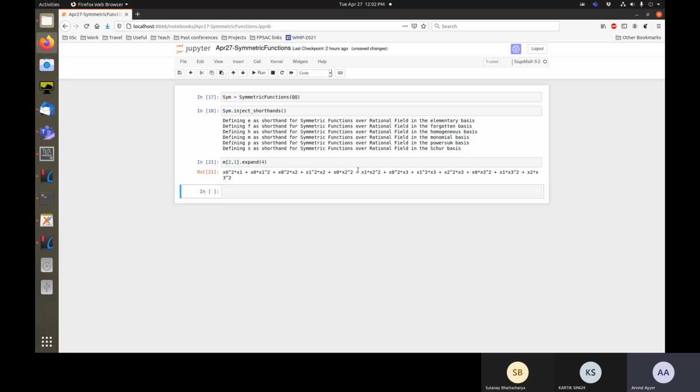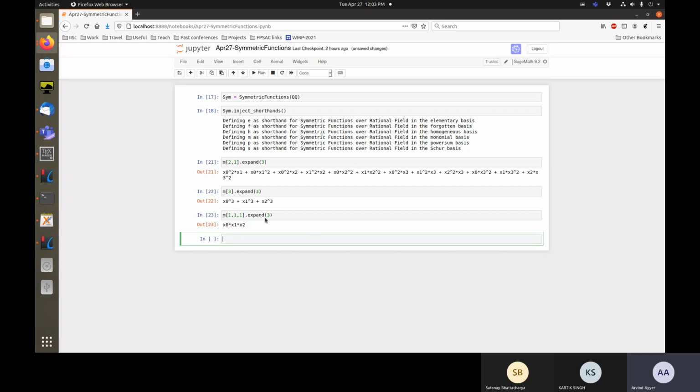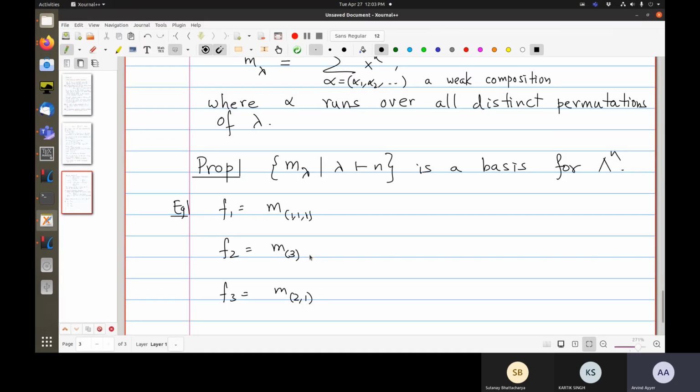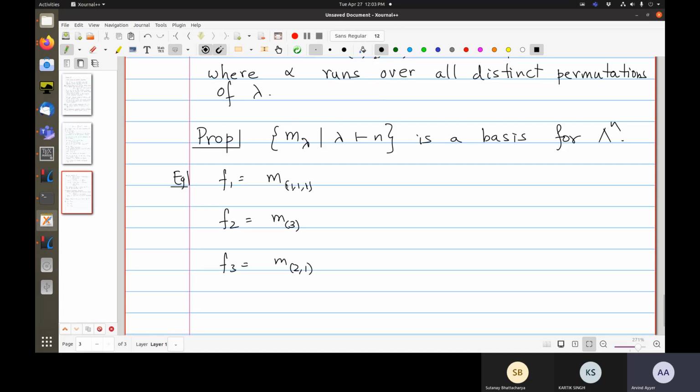And I can do more. We can look at all 3 of them, for example. So m21 I have done. Then I can do m3, this one, and then m1. In this case, there's only one. Okay, so this is the most basic and in some sense the most boring symmetric function.